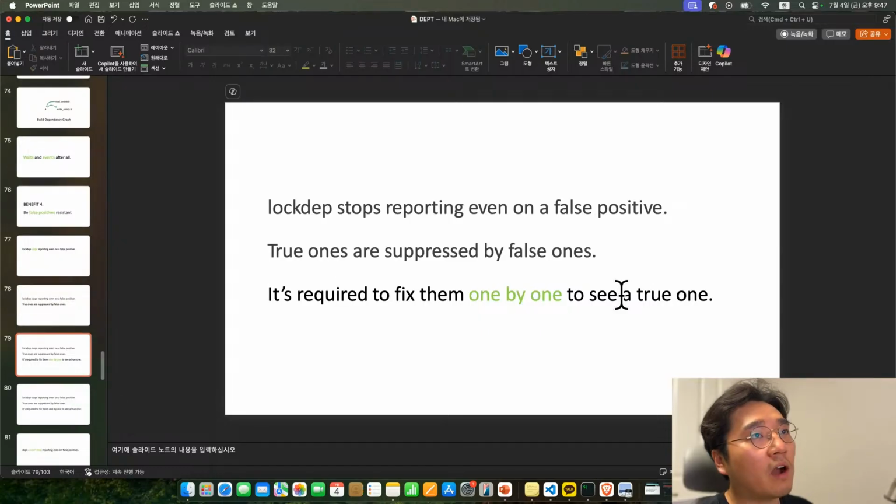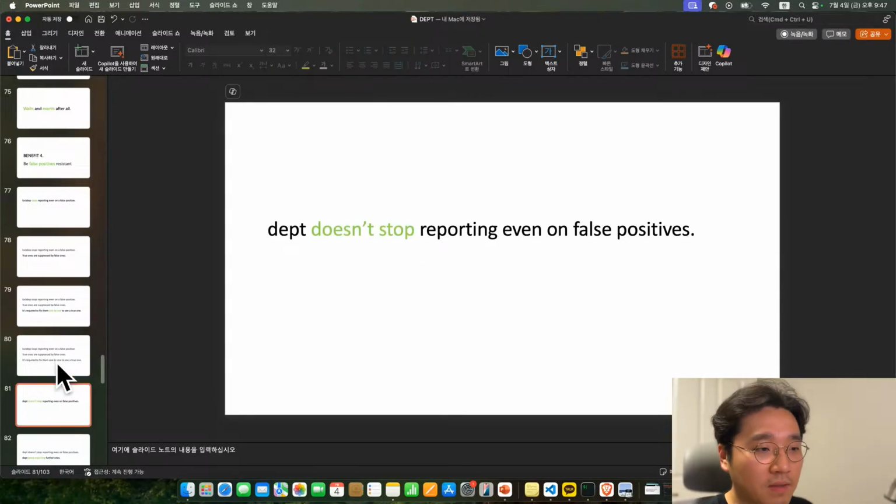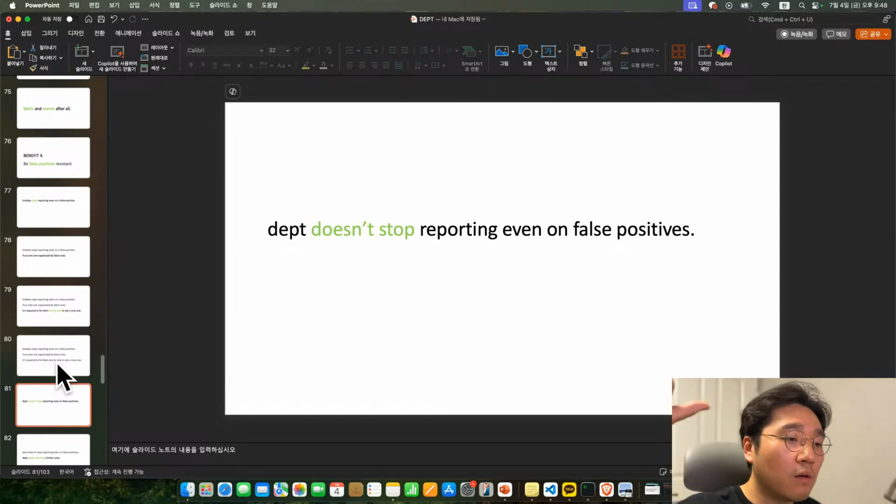So this is a harsh job, right? DEPT is not reporting once. It continuously reports. So if there are circumstances of deadlock from the NPU when I am using some AI things, the kernel makes some log of the issue, so we can find some report from the kernel log from DEPT, right?